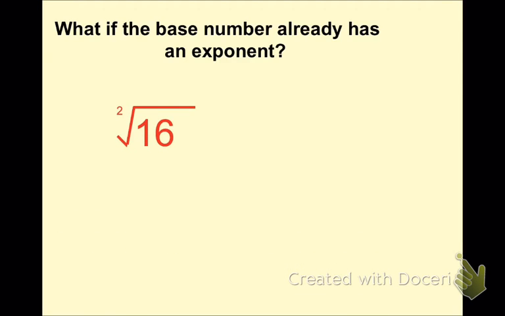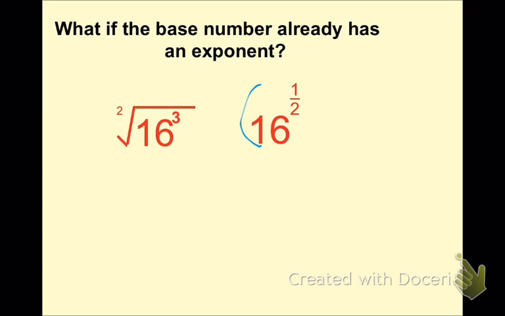But what if the base number already has an exponent? Let's say the 16 itself had a power that was a whole number, say 3. We would rewrite this not as 16 to the 1/2 power, but that 3 would say we have to do 16 to the power of 3, meaning the following.